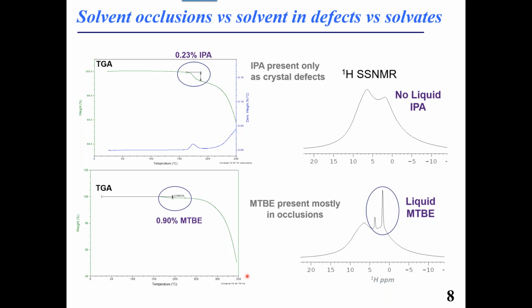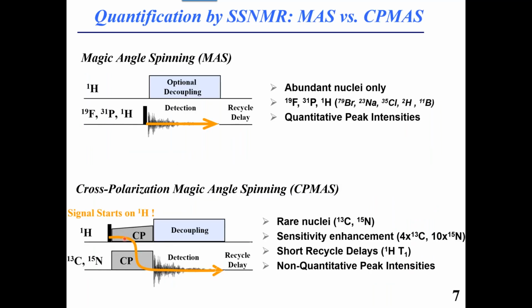Let me briefly flash back to what I forgot to mention. Because of the dipole coupling based cross polarization, anything you detect by CPMAS is by definition solid state. Remember, I told you that the dipole coupling is averaged out to 0 in liquids. So if you have a mixture of solids and liquids, by CPMAS you see only the solids.